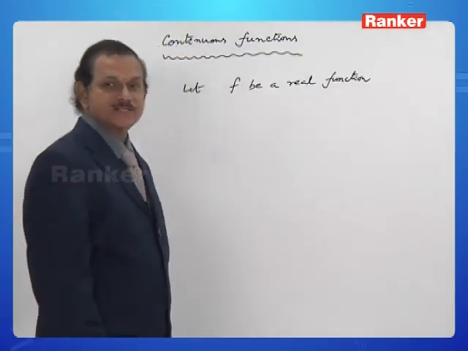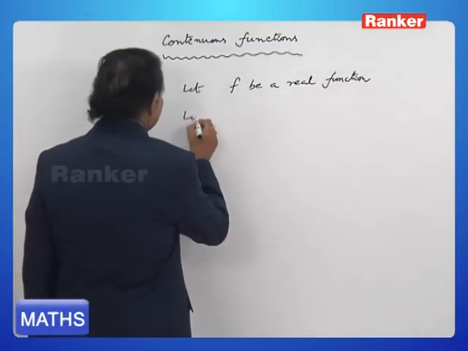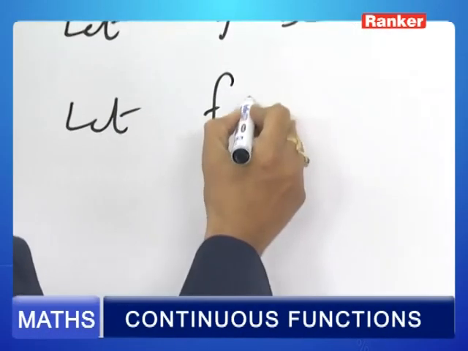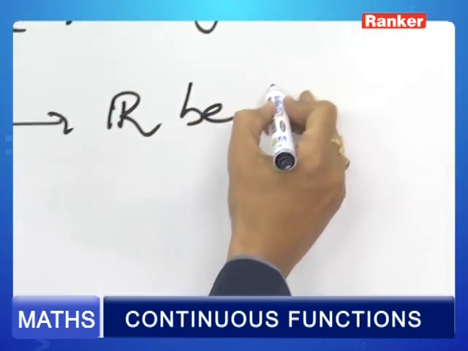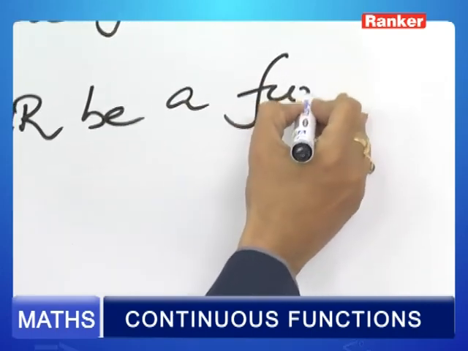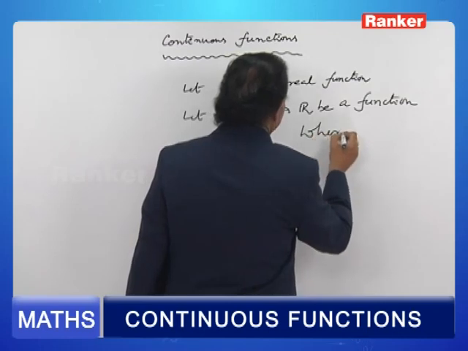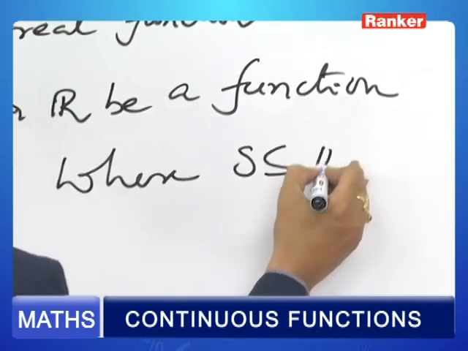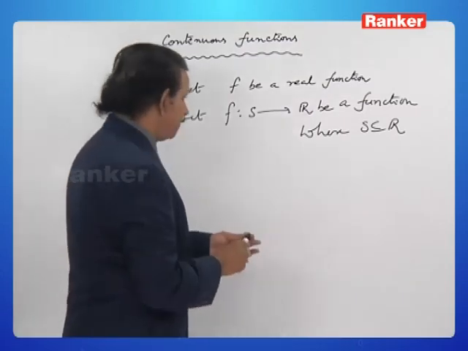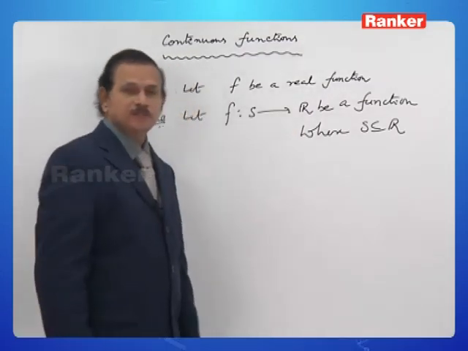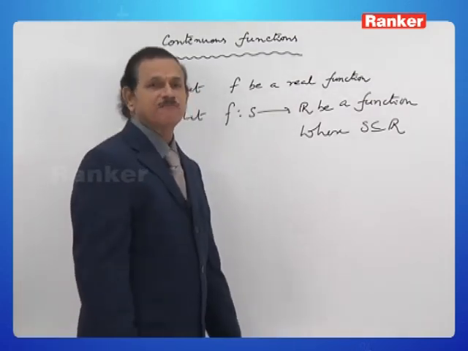Such a real function is there. Let f from S to R be a function. This is the explanation of the word real function, as a subset of real numbers or entire real numbers.